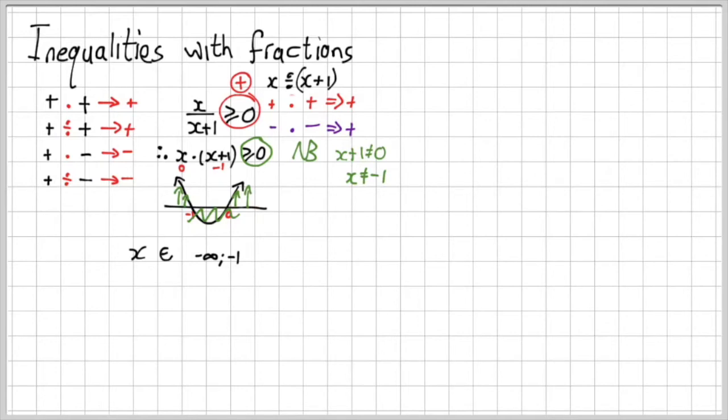But now be careful. Negative infinity is always a round bracket, and it's not allowed to be negative 1, so we can't have a square bracket. Even though there's an equal in the sum, an equal to 0, we're not allowed to have negative 1. Or from 0 to infinity. Now it can touch 0 and it never touches infinity.